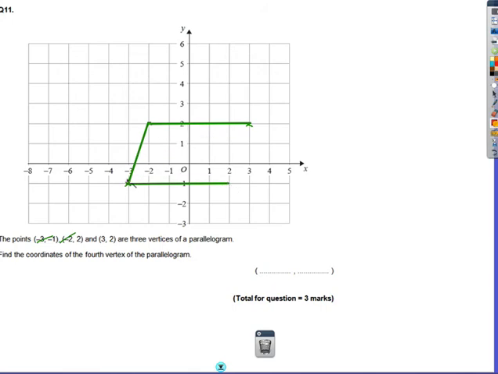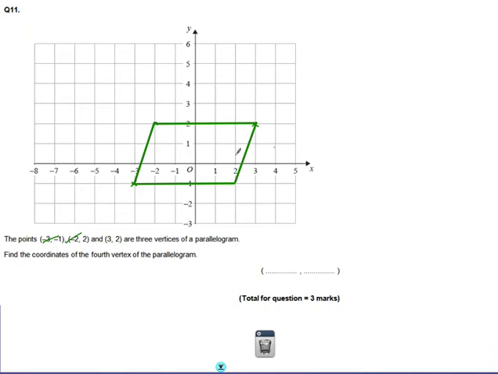And this length has to be the same length and parallel. And this point here is the last vertex. The coordinate of this one is 2, minus 1.